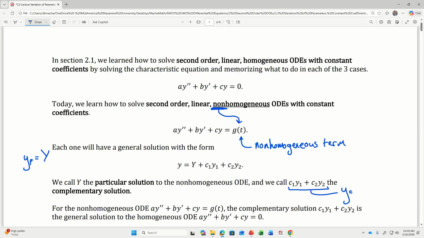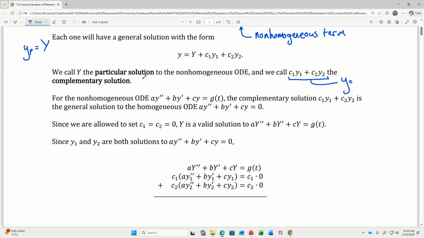When you have a non-homogeneous ODE, it's a little bit tricky to find the particular solution, the capital Y. It's actually still pretty easy to find the complementary solution, because the complementary solution for the non-homogeneous ODE is the general solution to the homogeneous ODE.